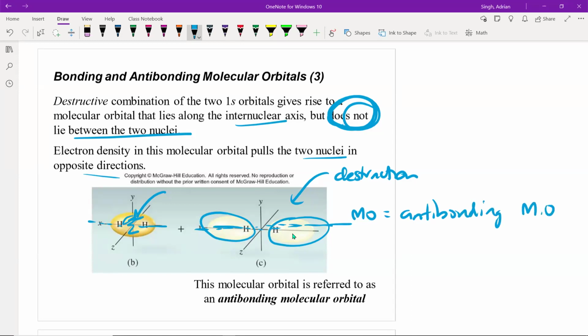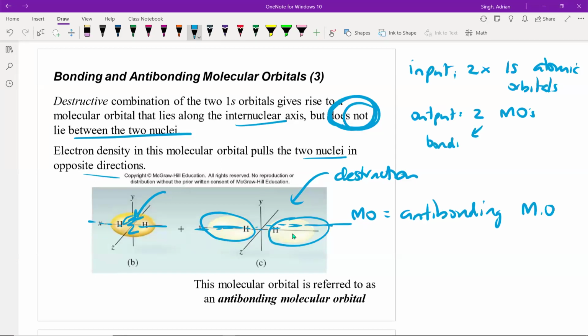Okay, so we input, in other words, two 1s atomic orbitals, and then the output that we get when we combine those is two molecular orbitals. One of them is a bonding MO, and the other one is an antibonding MO.